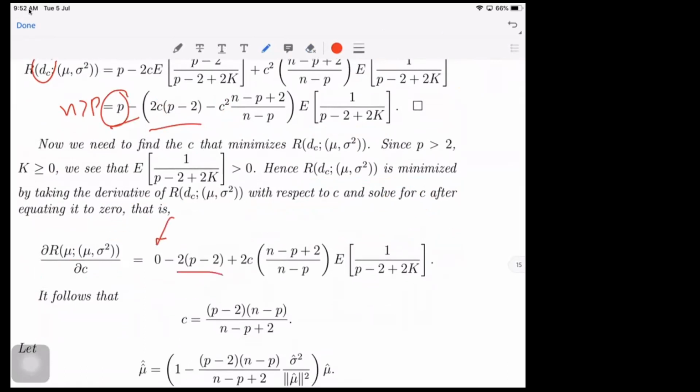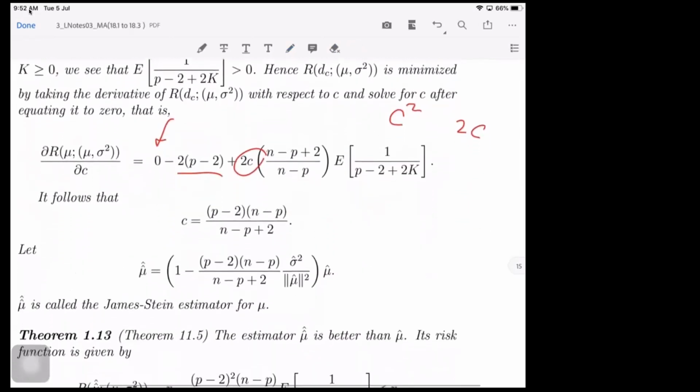So what remains is 2P minus 1. And you have a C squared there, so the derivative of C squared is 2 times C, and the other term is a constant with respect to C. Then you equate that to 0.